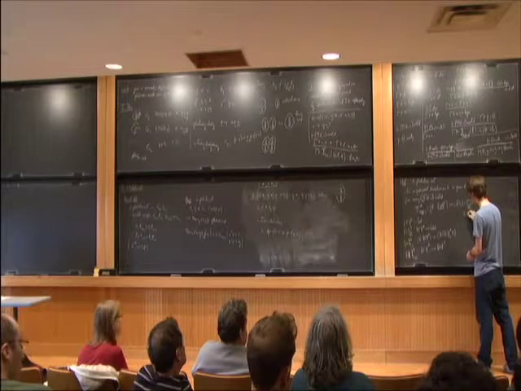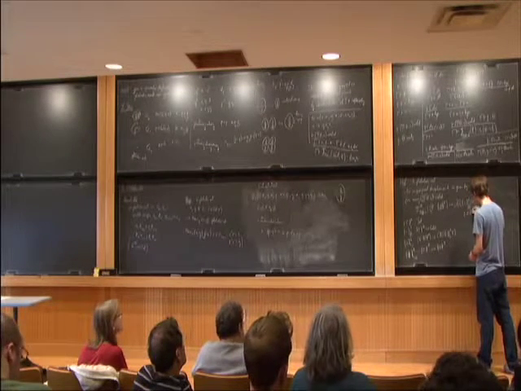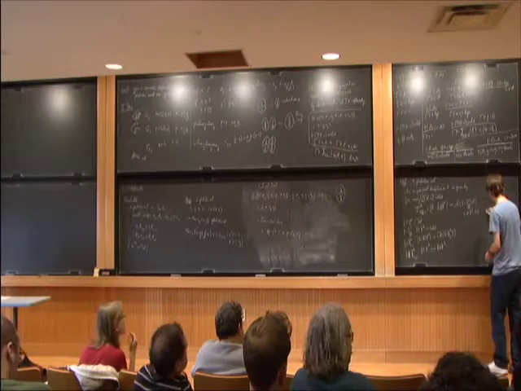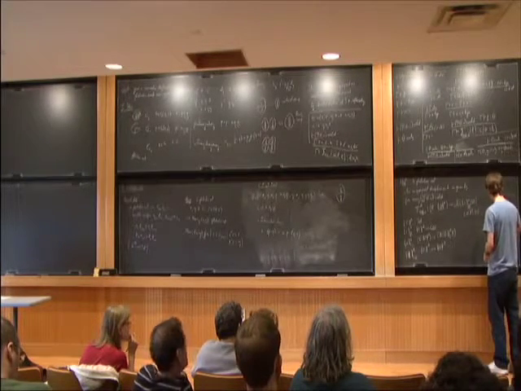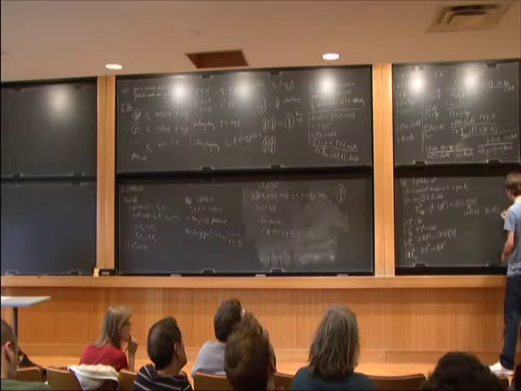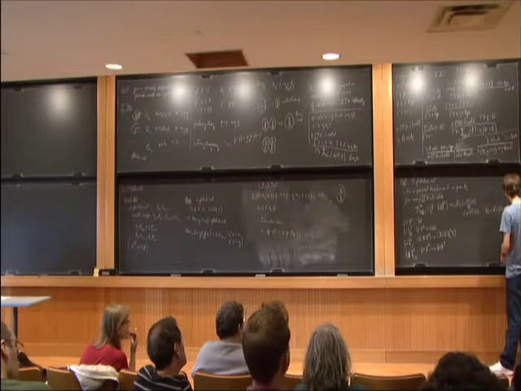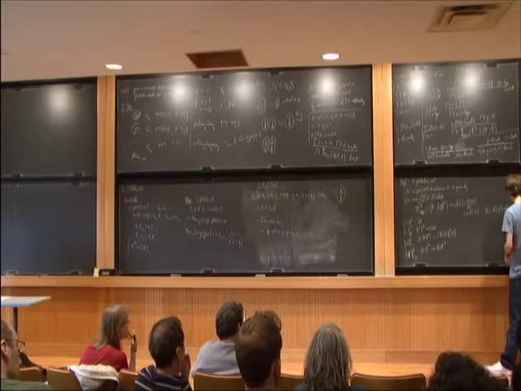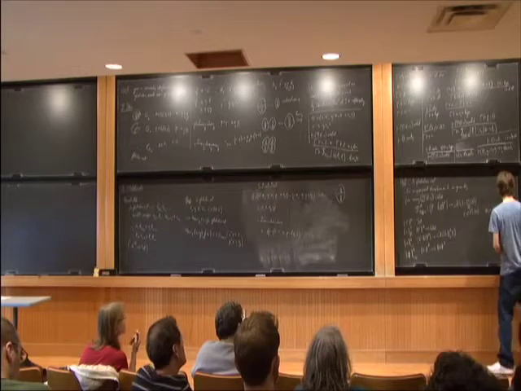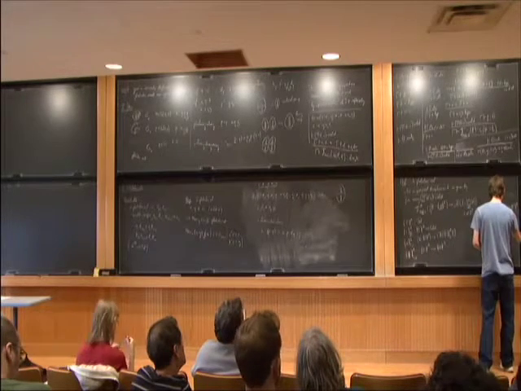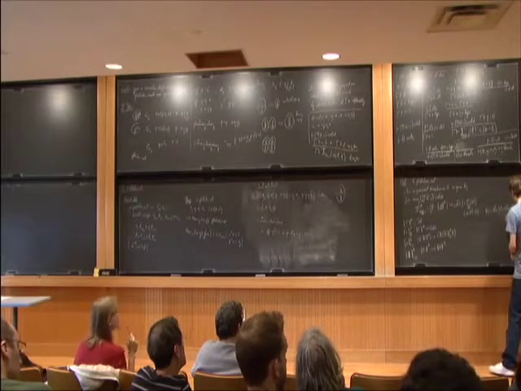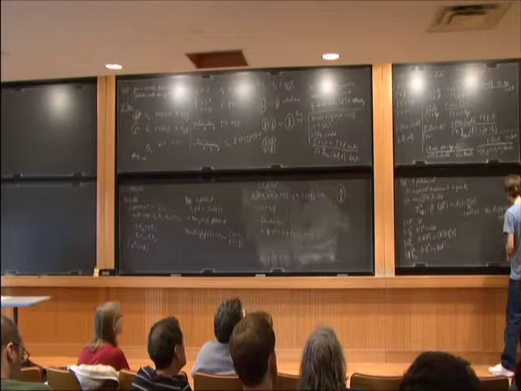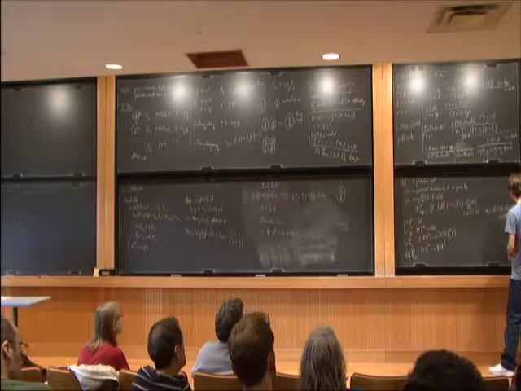So the interpretation of the empty context is a singleton, and the interpretation of gamma, x colon C, is the set of pairs gamma A, where gamma is in the interpretation of gamma and A is an object of the interpretation of C at gamma.